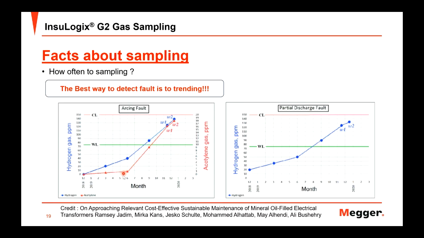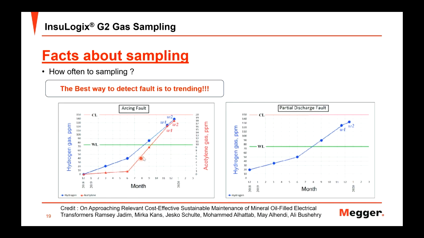From June, the increasing rate changed tremendously. So in this period, the development is from June until September here. The points shown here are the sampling times.